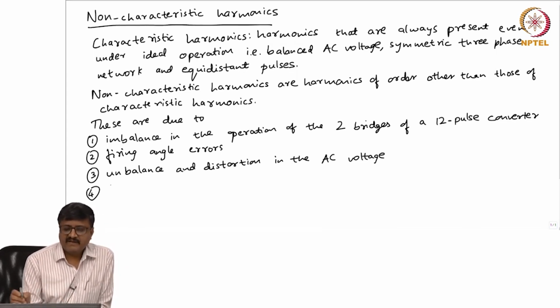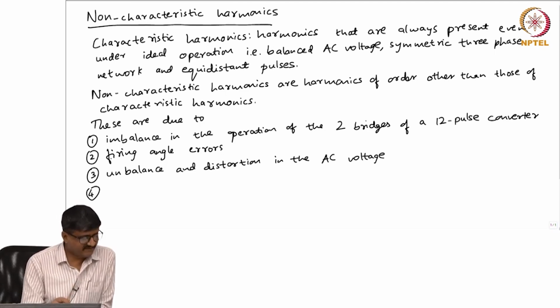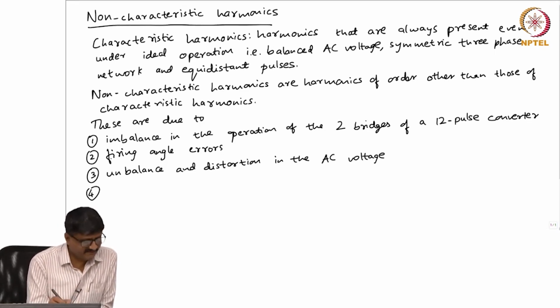Now, there can be an imbalance in the operation of the two bridges. There can be an imbalance in the two transformers also, as far as the resistance and leakage inductance is concerned.